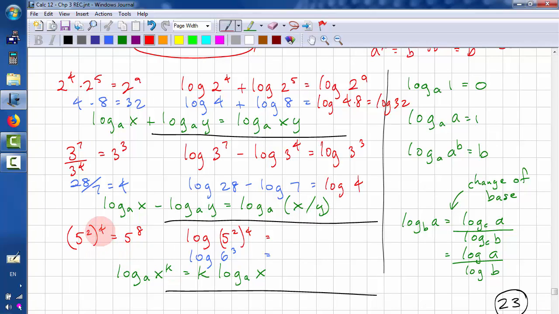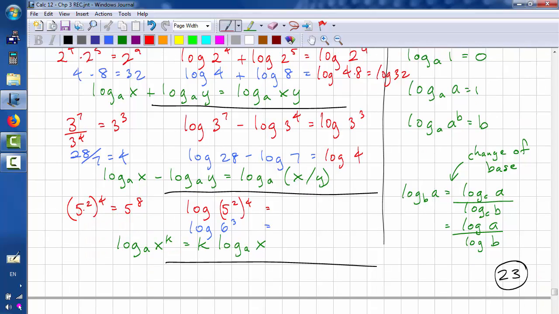And powers of powers. 5 to the power of 2 raised to the power of 4 is 5 to the power of 4 times 2, that's 8. So log 5 to the power of 8 is 8 log 5. This is 3 log 6.